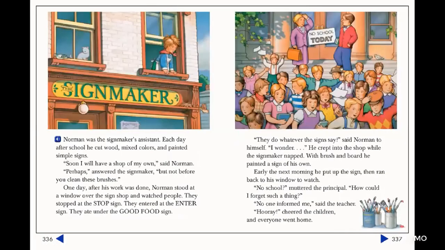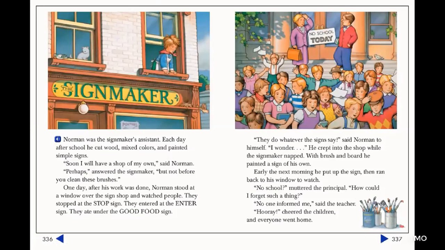Norman was the sign maker's assistant. Each day after school, he cut wood, mixed colors, and painted simple signs. "Soon I will have a shop of my own," said Norman. "Perhaps," answered the sign maker, "but not before you clean these brushes."